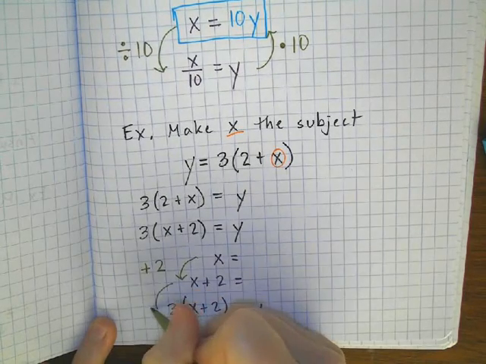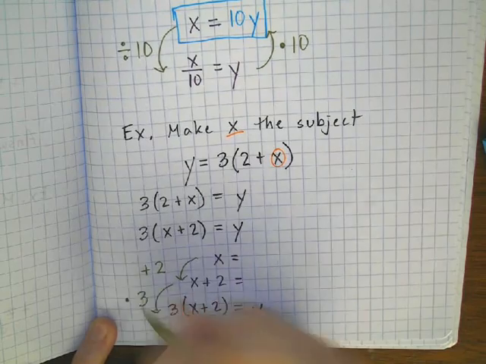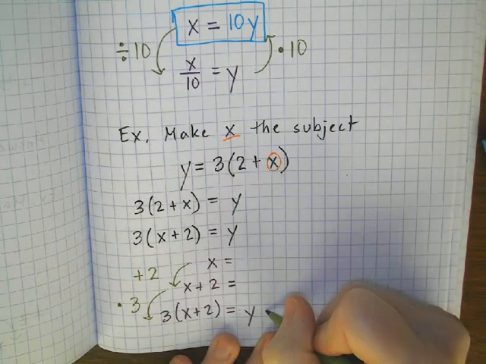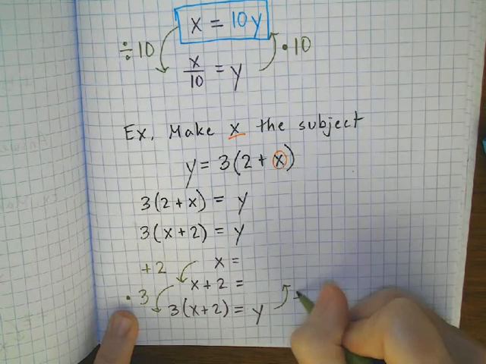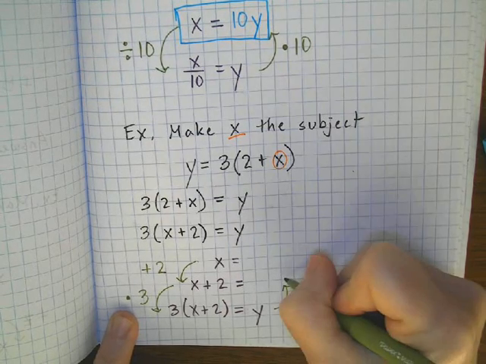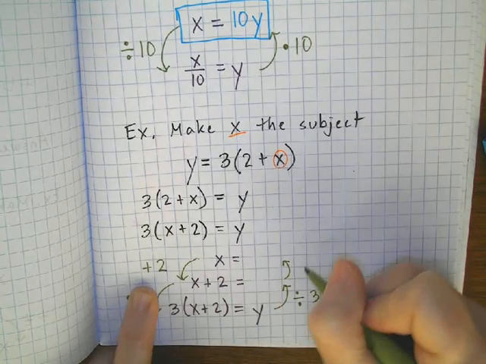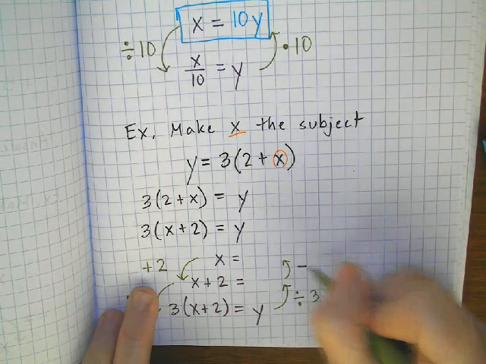Times by 3. So the opposite of times is divide. I'm going to have to divide by 3. And then I'm going to have to do the opposite of plus 2, which is minus 2.